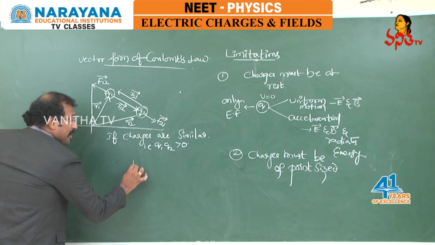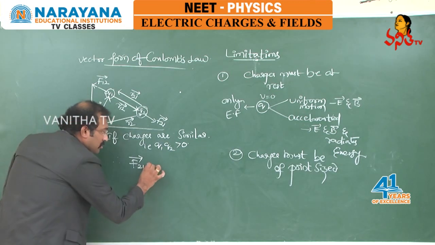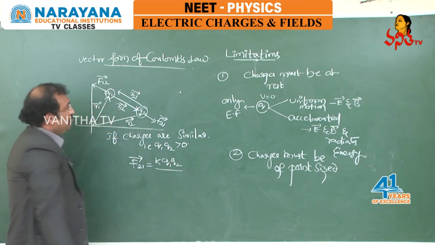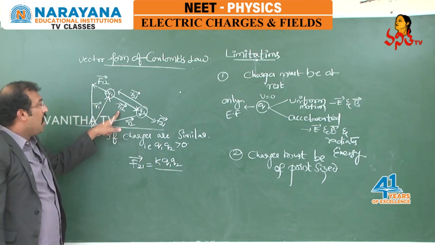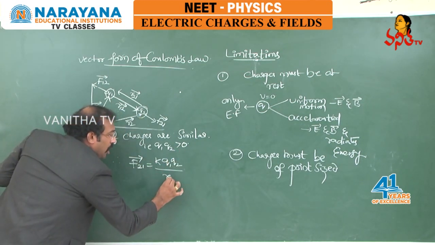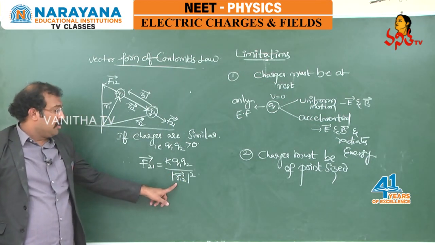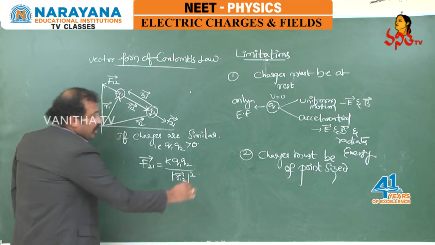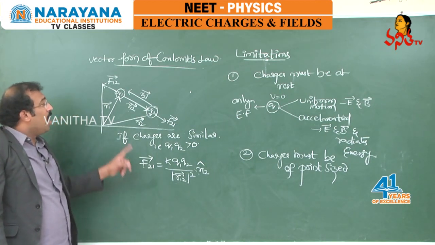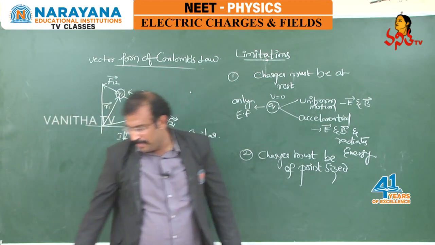Therefore, I can write the force on 2 due to 1 in vector form as K Q1 Q2 by magnitude of R12 bar squared into R12 cap. This is a way that we can write it.